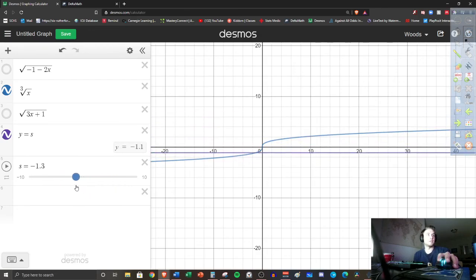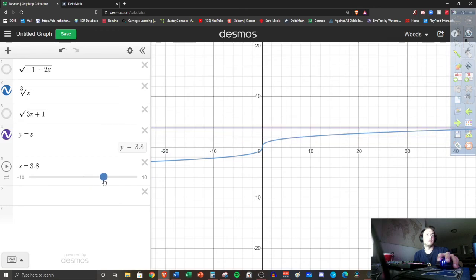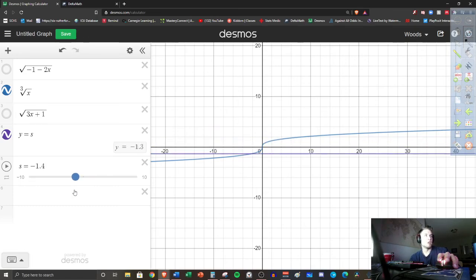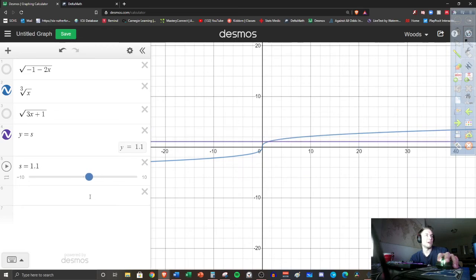You'll always find a solution to these graphs at some point, even a flat line. There is no situation where a cube root will not have a solution. Okay, so that's why we do not have to check cube roots ever. This is why. There are no extraneous solutions. So hopefully that makes sense.